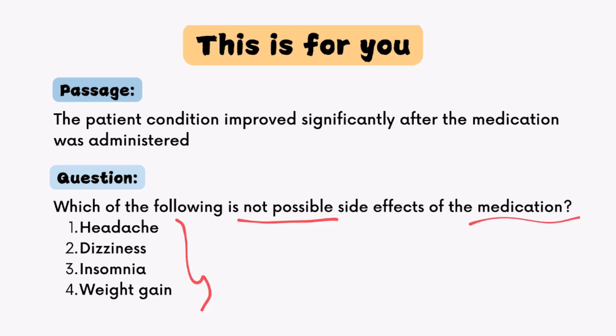You might have learned previously, during your college days, that headache, dizziness, and insomnia might be symptoms of medication. Whenever you're handling the drug notes, you might have come across them, right? But about weight gain, if they have given any therapy like hormonal therapy, some symptoms will improve regarding weight changes.